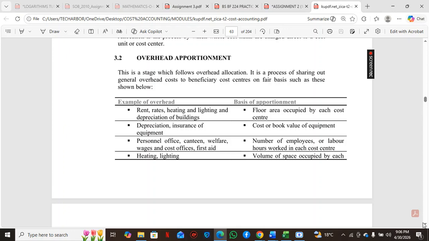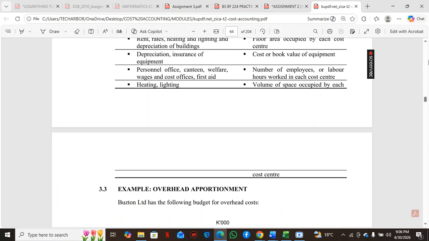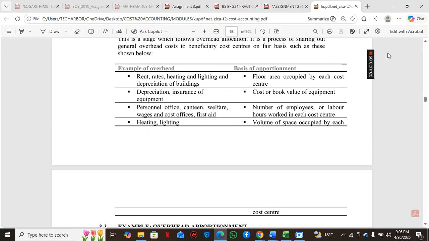Let me just bring it to Excel. Okay, let's see. Do we have security here? Rent rates, heating and lighting, depreciation of buildings, floor area; depreciation, insurance, cost or book value of equipment; personnel, office, canteen, welfare, wages, cost offices, first aid, number of employees or labor hours.